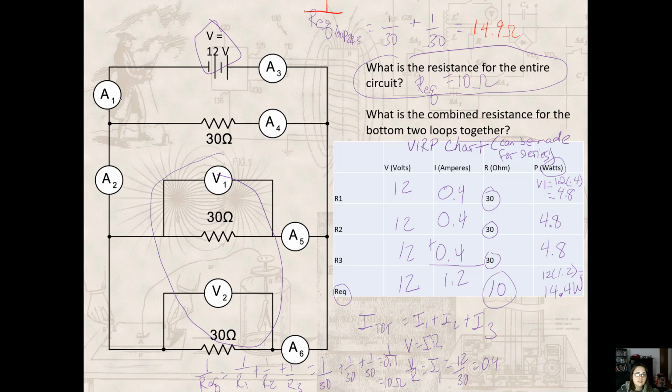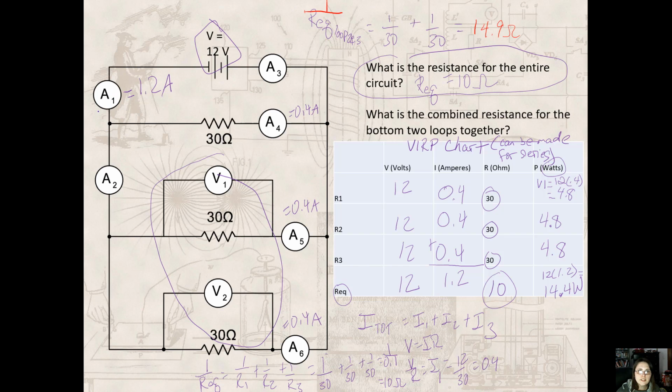Each of these ammeters, this first one is equal to 1.2 amperes, and then it's going to come in here, and it's going to be 0.4 amps. This is equal to 0.4 amperes. This is equal to 0.4 amperes.